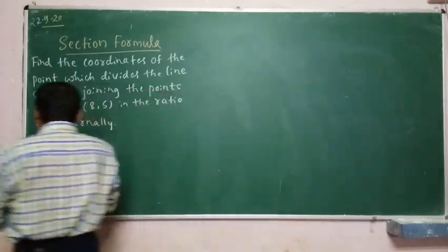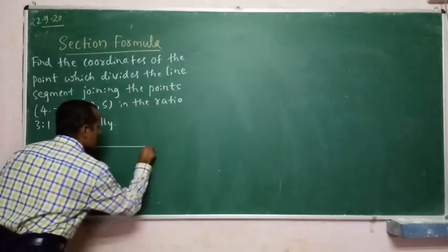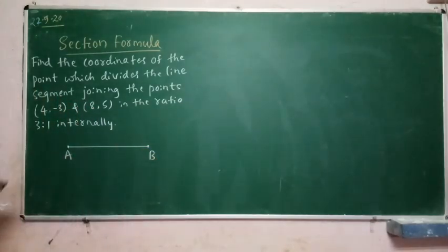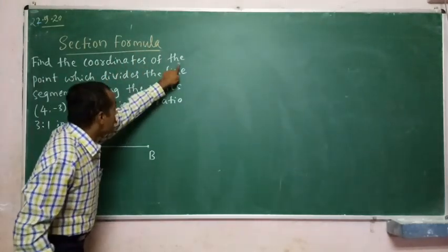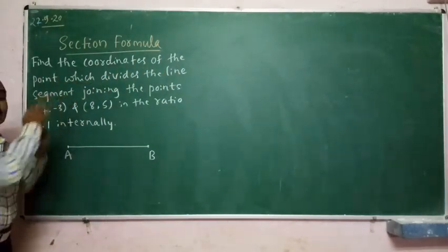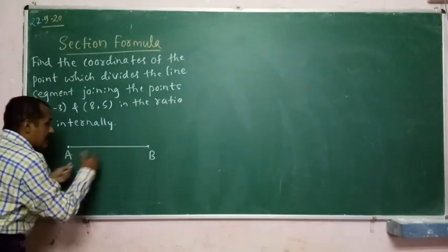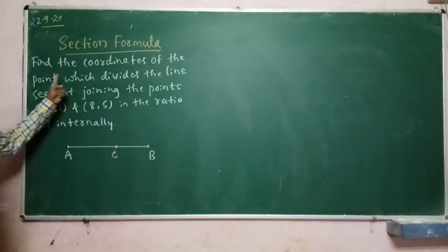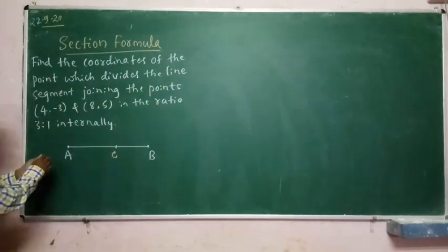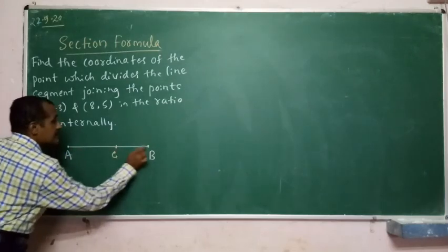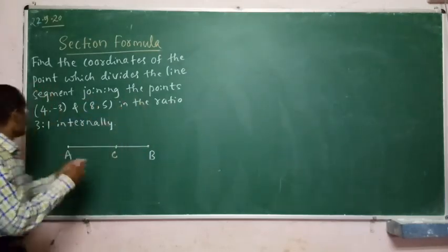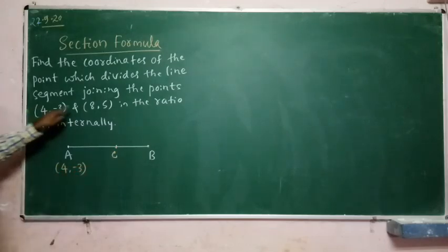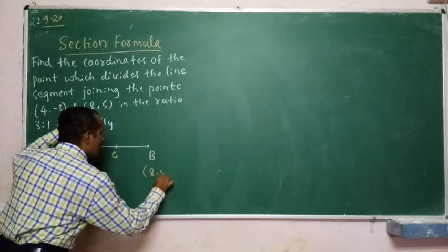Let me draw a line segment, I will call it line segment AB. What do they say? Find the coordinates of that point which divides the line segment. That means there is a point C which divides the line segment joining the points (4, -3) and (8, 5).